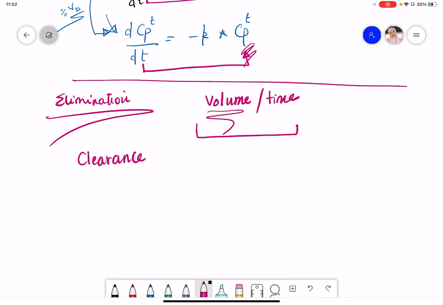Okay? Again, because we are talking about linear kinetics, whatever we are mentioning here is true under linear kinetic or first order kinetic. The apparent volume of distribution is constant, because it's not changing over time.